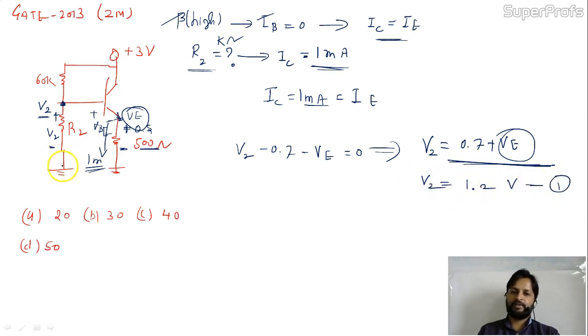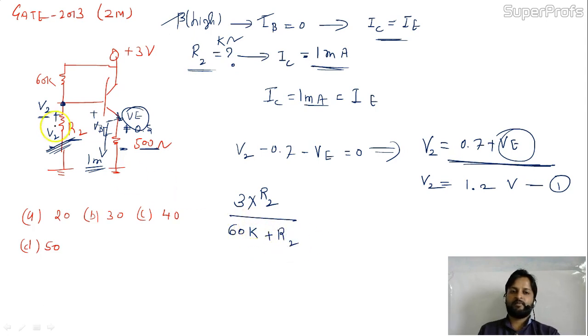You calculated equation 1. Now you need to calculate the value of R2. What you will do? You will divide the voltage. So voltage across R2 will be, by potential divider circuit, 3 into the value of R2, divided by total resistance, that is 60K plus R2.